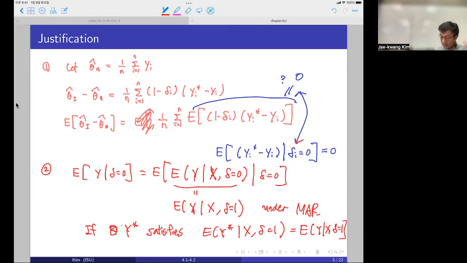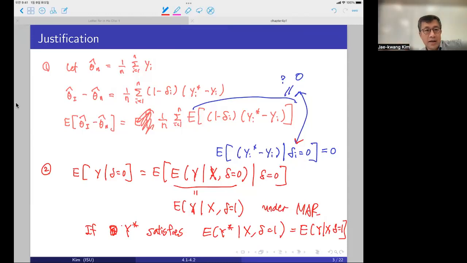That gives the justification, and it gives an idea of how we actually do imputation in practice. Under missing at random, we basically want to find Y star such that the conditional expectation is derived from the conditional distribution of Y given X and delta equal to 1 among the respondents.